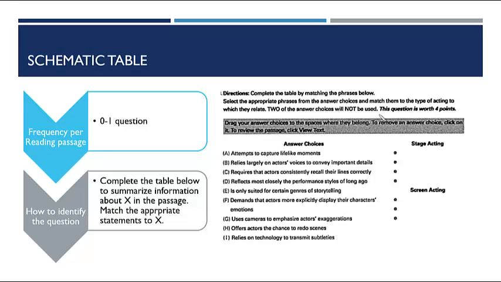Then we have a schematic table, and the frequency per reading passage is 0 to 1 question. You are going to know if this is a schematic table if you read the following: complete the table below to summarize information about in the passage.